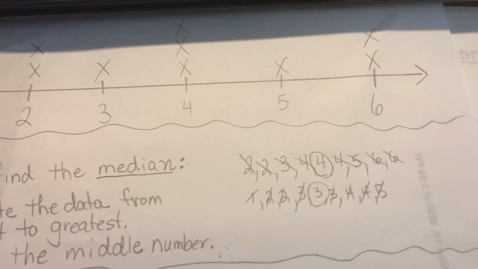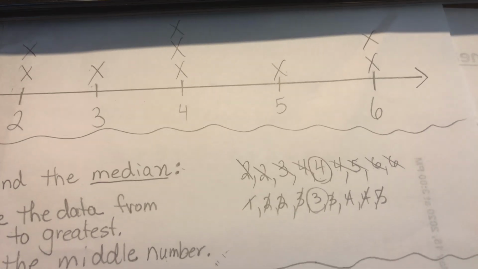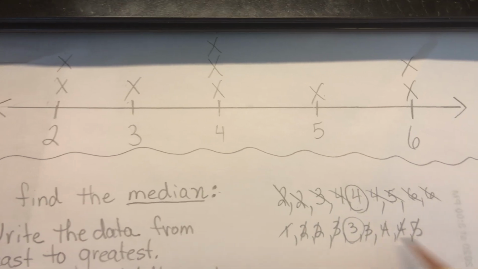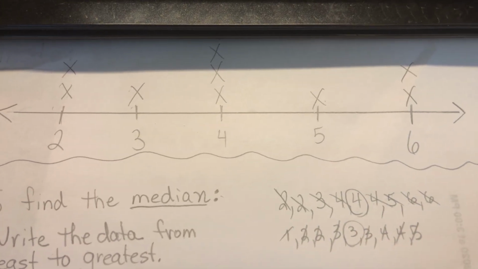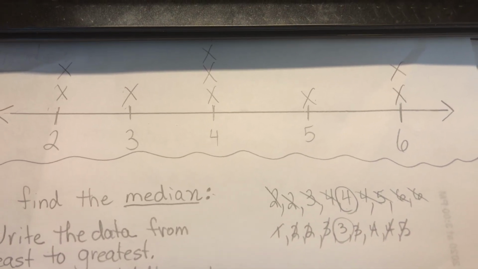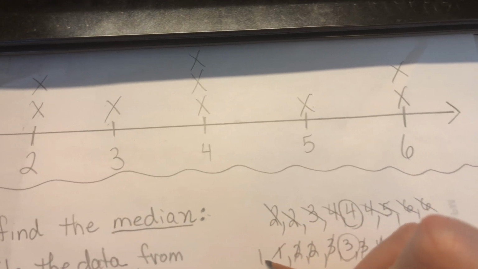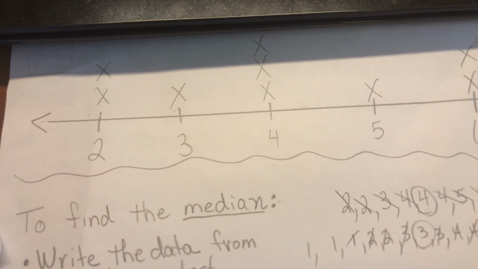Now, what if we had one that was, in addition to all of that, let's say we had another 1 over here and another 1 over here.